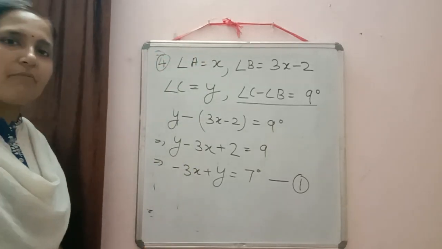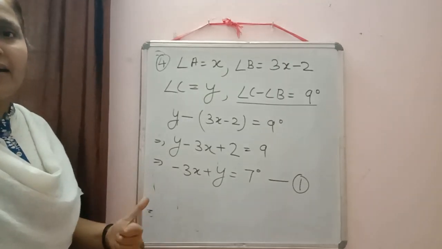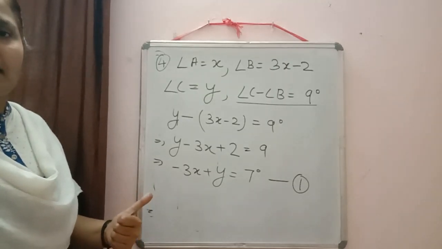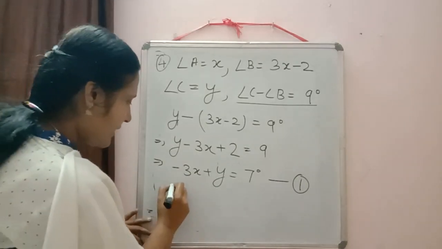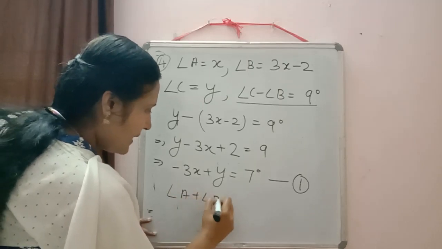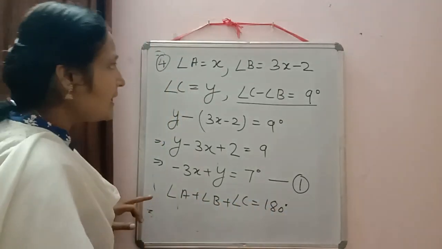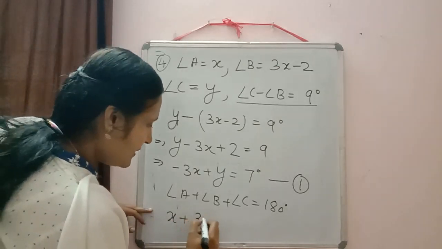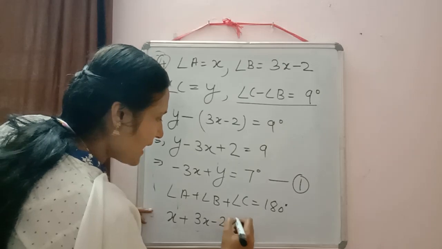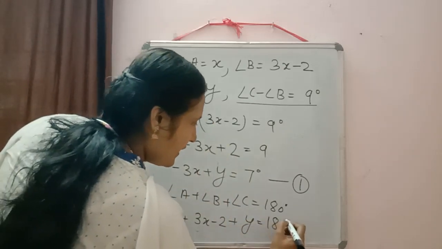Second equation, from where it will come? Yes, they are the angles of a triangle. So which property we can use? Angle sum property. So angle A plus angle B plus angle C is equal to 180 degree. What is angle A? x. What is angle B? 3x minus 2. What is angle C? y, is equal to 180 degree.